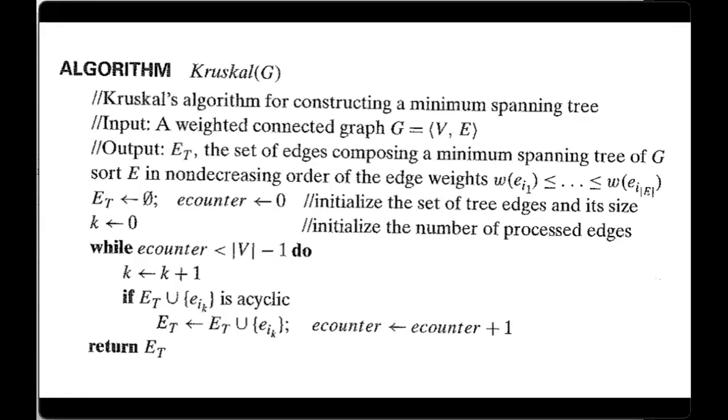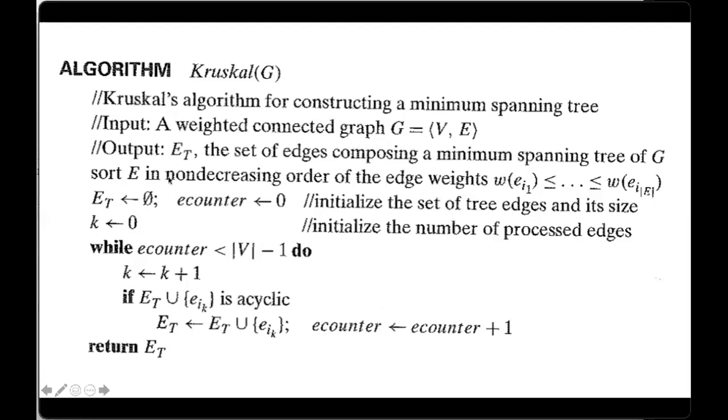In Prim's, based on the vertices selected, we find the next minimum edge. But in Kruskal, we sort the edges based on the cost associated with them, and then go on selecting the minimum, that is the less weighted edge first, as long as it does not lead to a cycle.